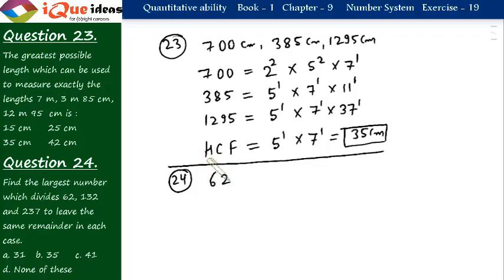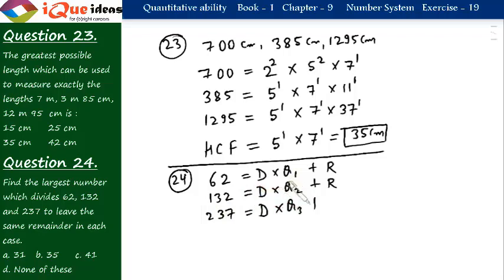That means if I divide 62 by a divisor D, we'll get some quotient, let's say Q1, plus a remainder R. Similarly, if I divide 132 by the same divisor we get some other quotient, but the remainder should be same. And the third number is 237. We divide by the same divisor and we get some quotient and remainder R.